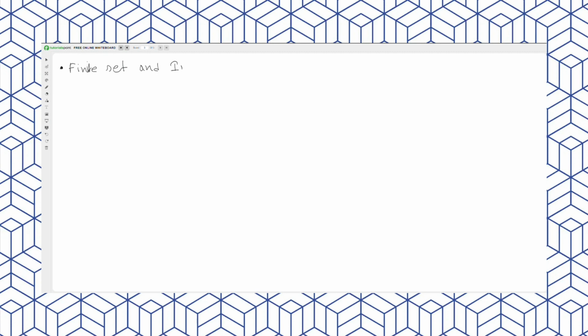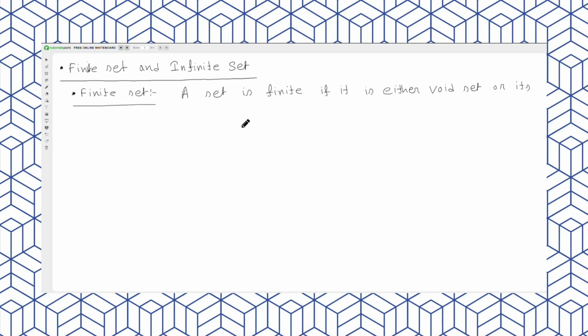Now the terms finite set and infinite set. So what is a finite set? If a set has a finite number of elements in it, then it is called a finite set. A finite set is also known as a countable set. Let's take some examples in tabular form.